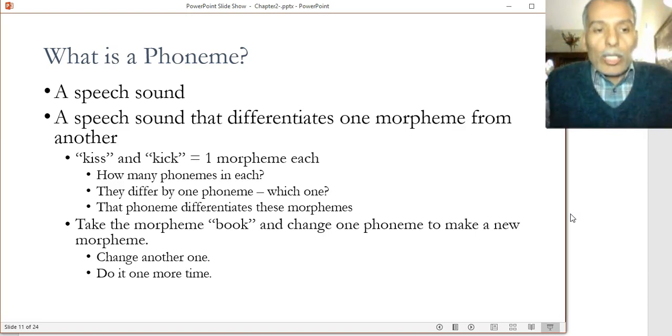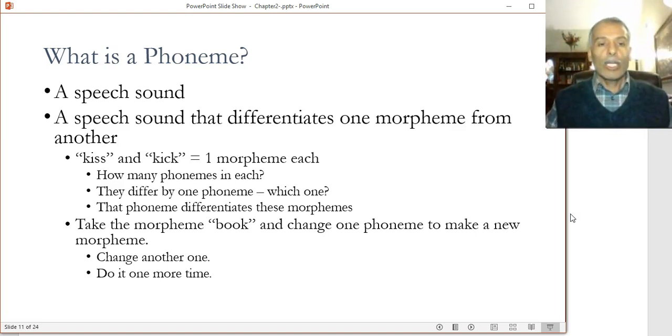If you just change one sound in it, one phoneme, or replace it, or take it away, you create a whole different word, or you wouldn't have a word anymore. So a speech sound differentiates one morpheme, one word, or one linguistically meaningful unit.